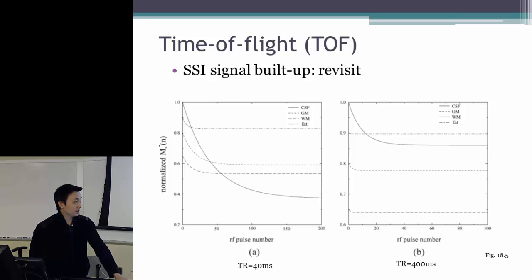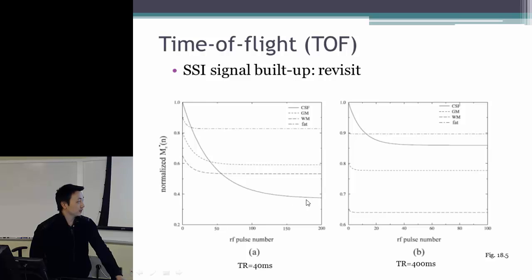This is because the blood itself has higher spin density, right? A higher spin density will give you a higher initial signal, even though at the steady state it will give you a lower signal due to its long T1. So the idea is that if we collect the data at this point, we will observe a higher blood signal than the tissues.